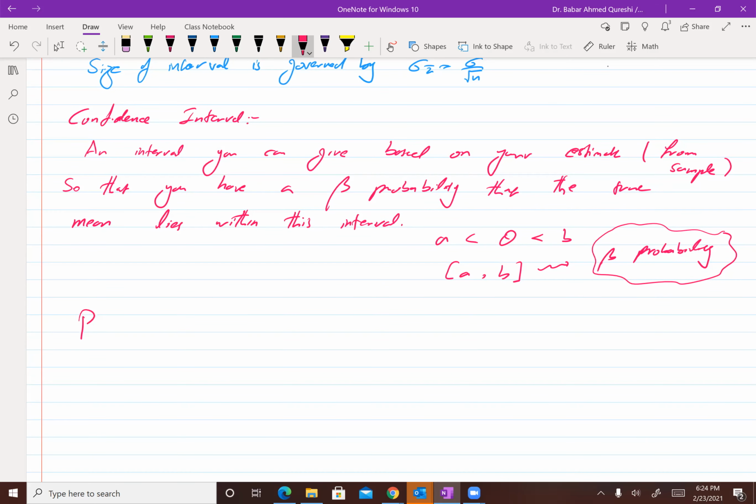So it's the probability that your estimator, whatever your estimate is, your true value is less than beta.